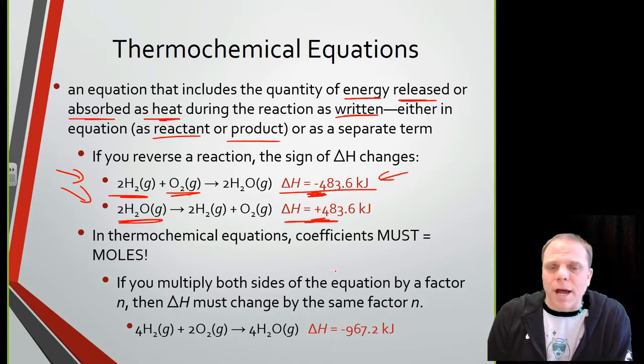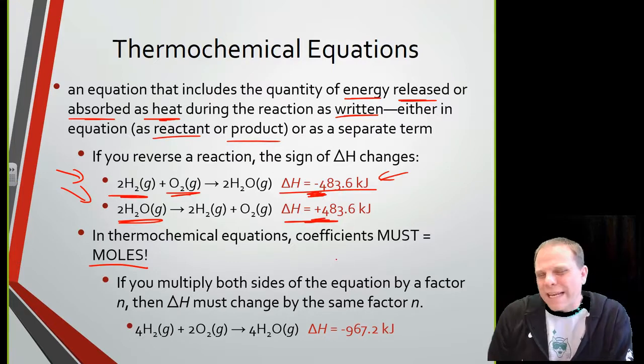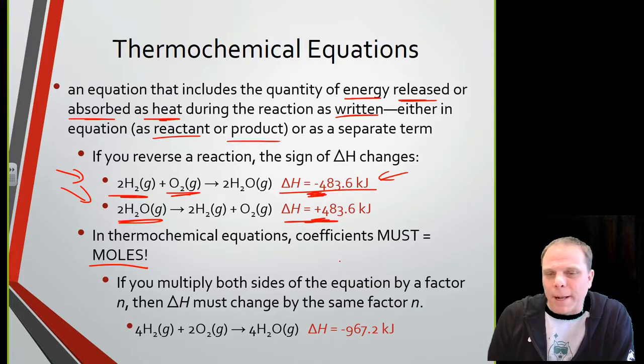The other thing has to do with amounts, which we haven't yet discussed in terms of energy. I have 2 H2 and 1 O2 giving me 2 H2O, and that gives me this value here, negative 483.6.